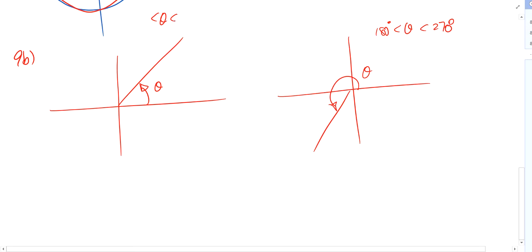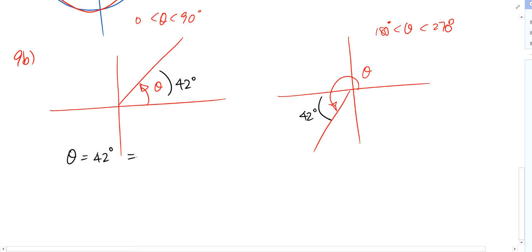First one, theta between 0 to 90 degrees. So they also tell us that the basic angle is 42 degrees. So basic angle, this being 42 degrees. And the basic angle in my third quadrant looks like this, 42 degrees. And they are asking me to find the value of theta. So in the first case, theta will simply be 42 degrees because it is exactly the same.